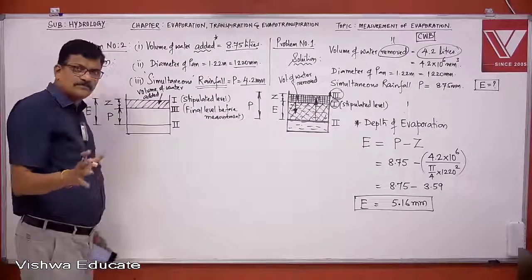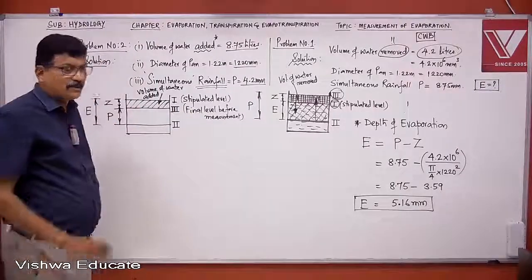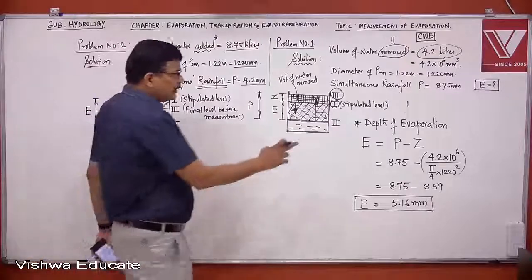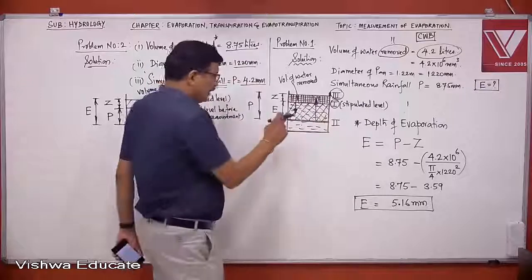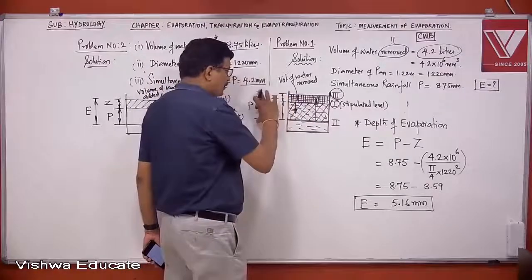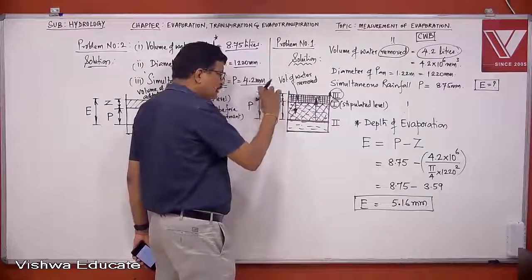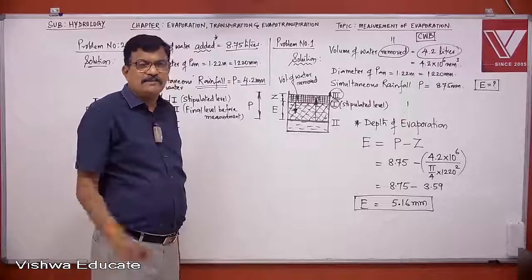Are you following? So the sum total of this will give us evaporation. Unlike in the previous case where we were deducting because nature had added more, whereas we need up to here. So we had to remove this fraction of depth from the pan to get evaporation.